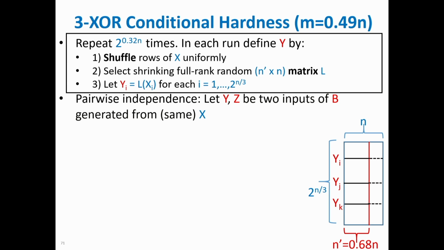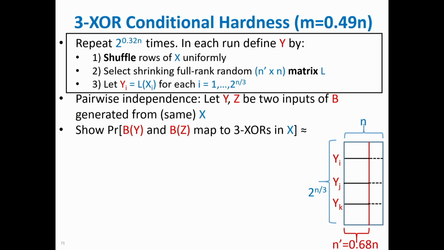So let Y and Z be 2 inputs of B, meaning 2 matrices produced by this algorithm, generated from the same sparse instance. Okay, so what we need to show is the following.